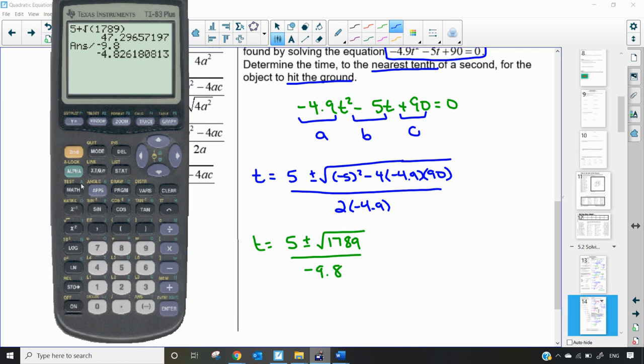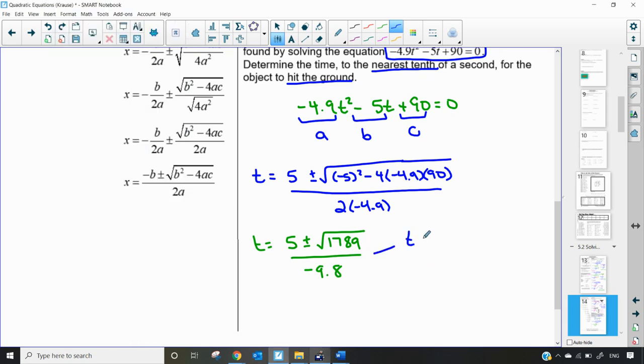That gives us negative 4.8. And then pulling up my old entry here, I would have 5 minus root 1789 divided by negative 9.8. So that gives us our second answer. We've got negative 4.8 and positive 3.8.